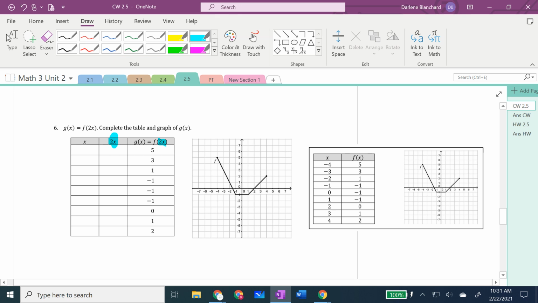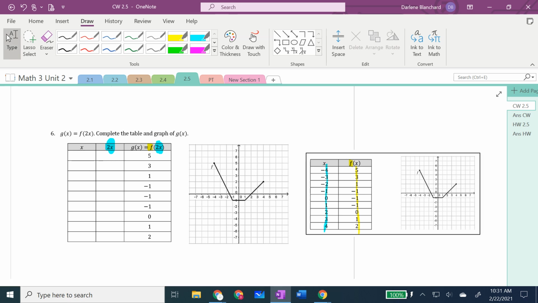If this input is the input for function f, then these values for function f come from input values here. And I'm going to put those numbers down. Stay with me here. Negative 4, negative 3, negative 2, negative 1, 0, 1, 2, 3, and 4.